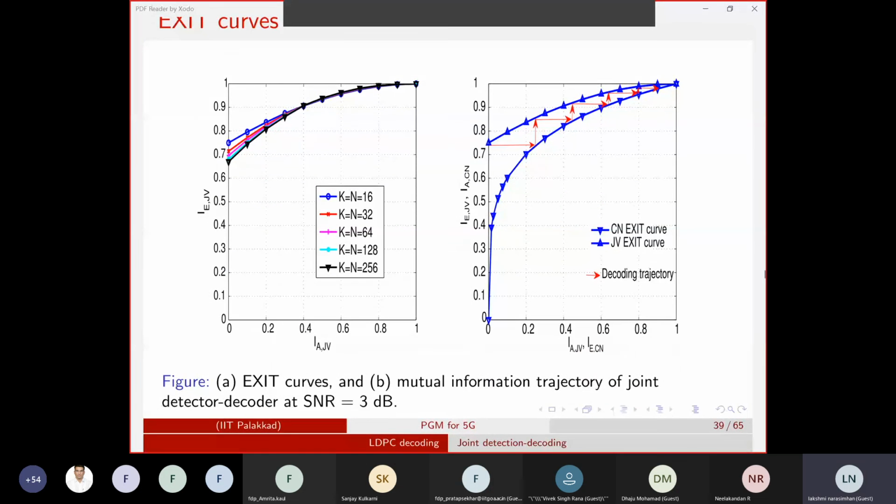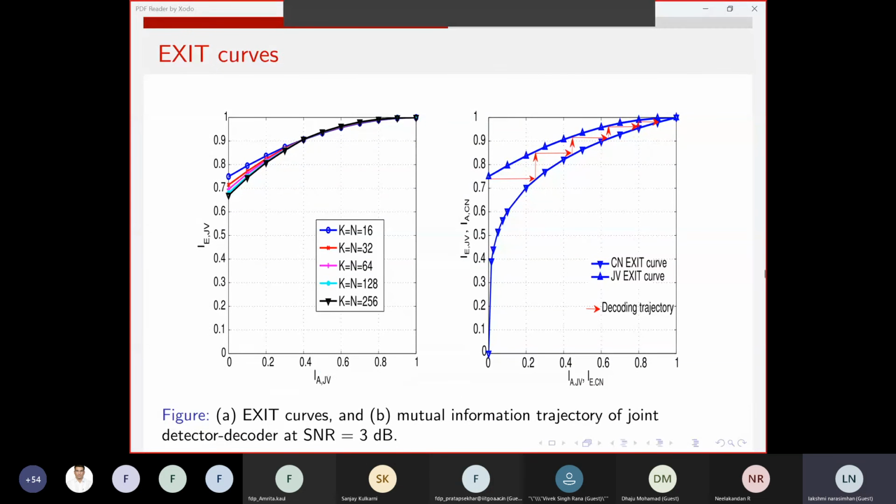I'll explain the left-hand side first. This shows that if I feed in this much mutual information to the graph, then it produces this much extrinsic information. Eventually this information goes to 1, which is the maximum producible information.